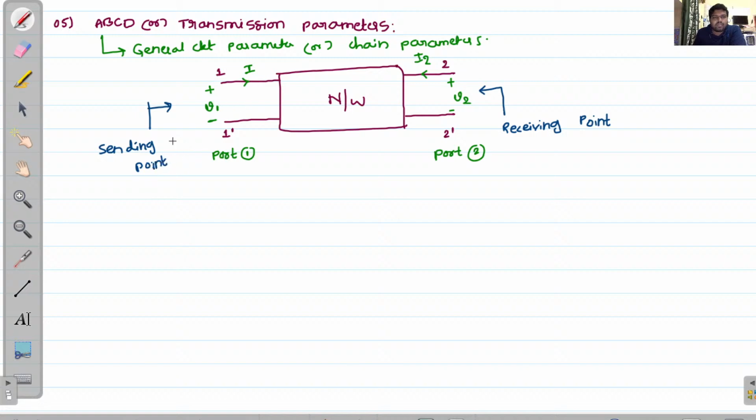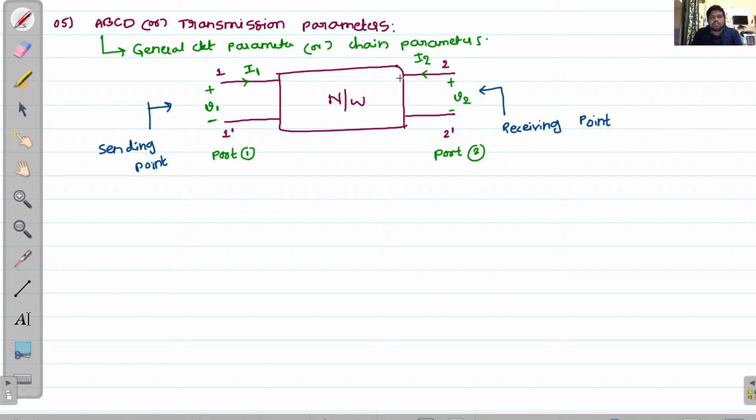And the variables here are V1 comma I1, and this is port 2. So in these ABCD parameters, we can name it the receiving point also, and the variables are V2 comma I2. Okay, so in these transmission parameters, you can transmit the energy from a source to a destination.